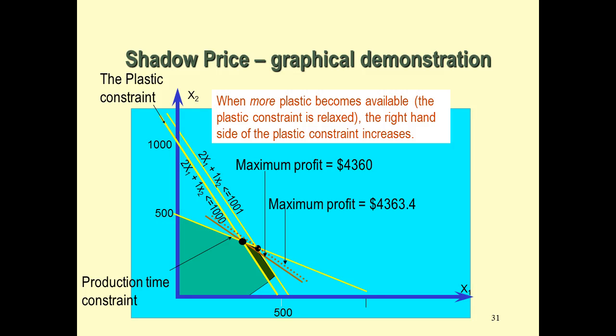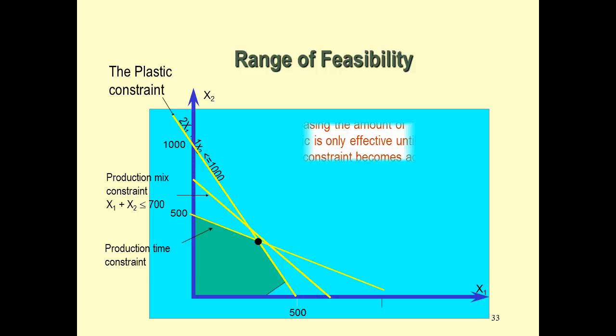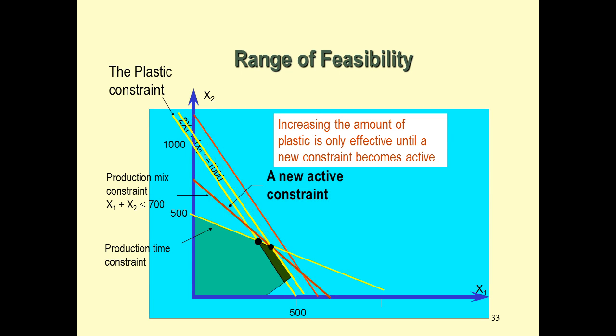But there reaches a point where it's only effective until a new constraint becomes active. I can keep pushing it out, and at some point, something else is going to be holding me back. The range of feasibility tells me where this shadow price is valid, if you will. Does that make sense? So they work in concert with one another.